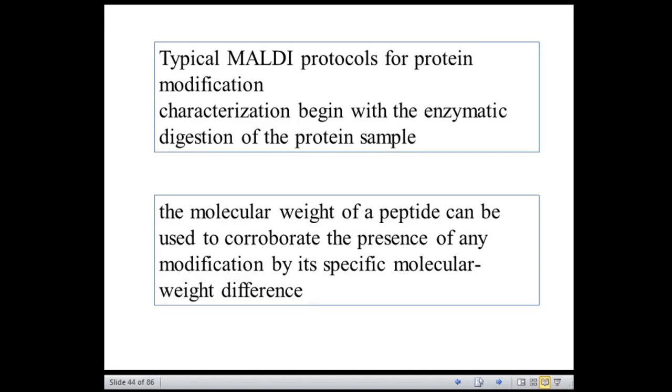So you need the help of the HPLC, and sometimes it is needed before the MALDI analysis as a separation technique. So this protein modification characterization approach has been employed by several groups across the globe to identify and sequence either glycoproteins or the phosphoproteins.